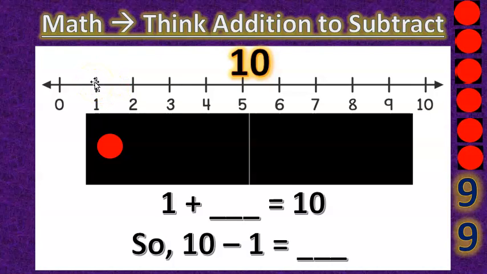Say, I will count by ones. Now let's count all the way till we get to 10, okay? Count with me. 1, 2, 3, 4, 5, 6, 7, 8, 9. So boys and girls, how many red circles do we need to put on this side?